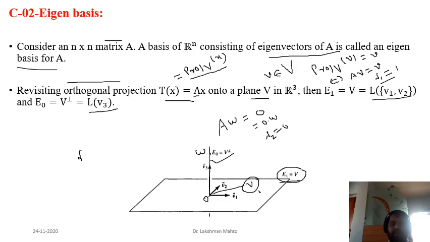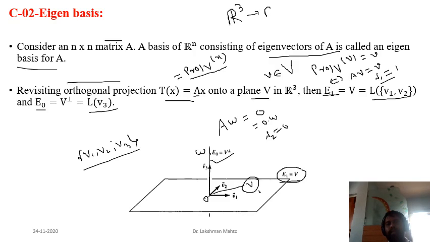V1 and V2 come from the eigenspace E1. Then we take the basis of eigenspace E0, that is V3. So now we have a set of three vectors, and we know that this orthogonal projection is a linear transformation from R3 to R3.